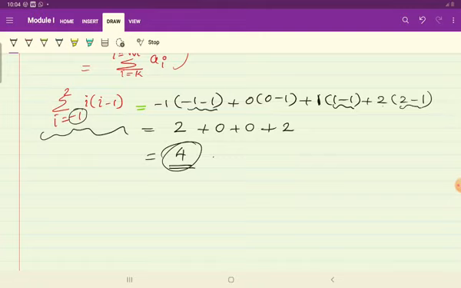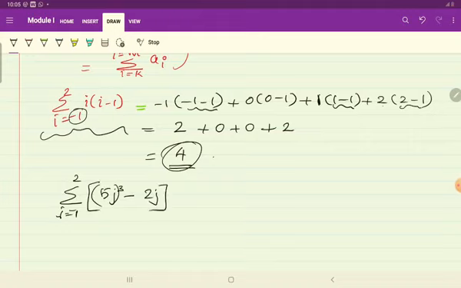Again another example. We can look at one more example, that is summation j varies from minus 1 to 2, of 5j whole cube minus 2j.